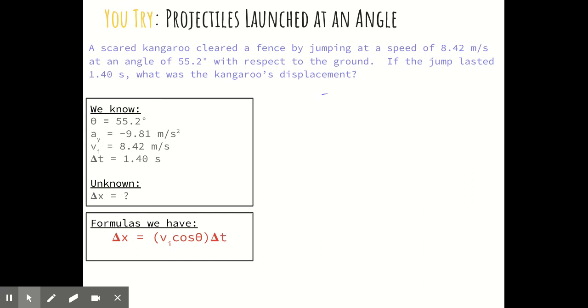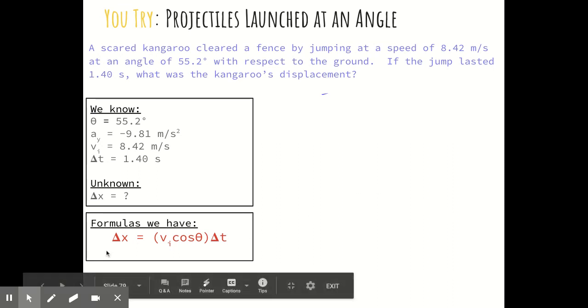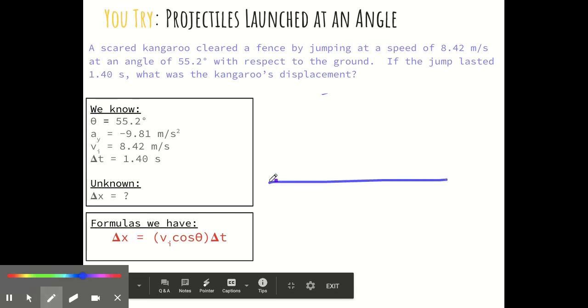For this one, we have a scared kangaroo. He clears the fence by jumping at a speed of 8.42 meters per second at an angle of 55.2 degrees with respect to the ground. If the jump lasted 1.40 seconds, what was the kangaroo's displacement? Again, here's the ground.